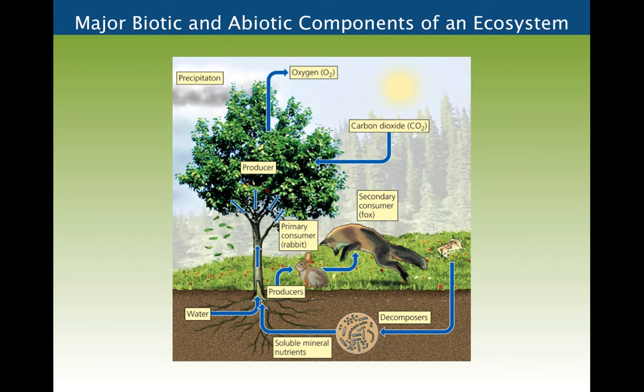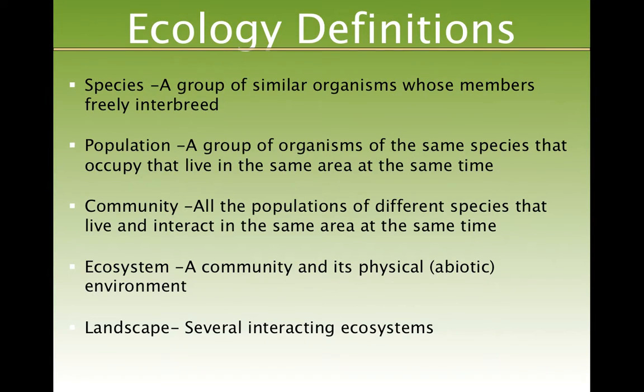So we see a rabbit, a fox, a tree. You see some decomposers. Those will all be your major biotic things. And then you have your abiotic or non-living features of this ecosystem. And you see the precipitation, water, nutrients, carbon dioxide, and so on.